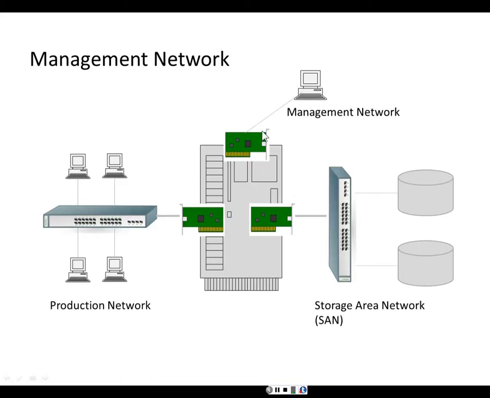The reason for that is in case the production network is all congested and the storage area network is all congested, you and I can still get to the ESXi host to try to resolve the problem. And it is for the configuration of ESXi hosts.